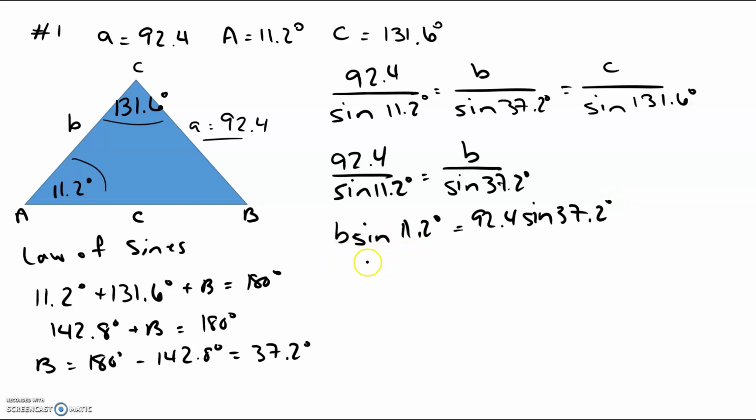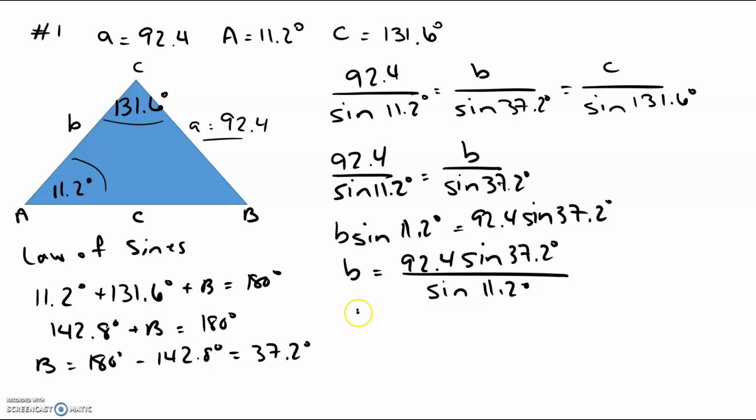Divide by the sine of 11.2 to give you B. Plug this into your calculator and B should be 287.6.